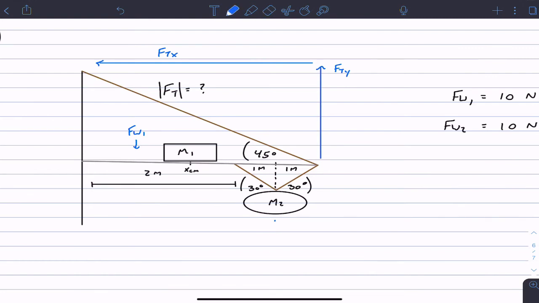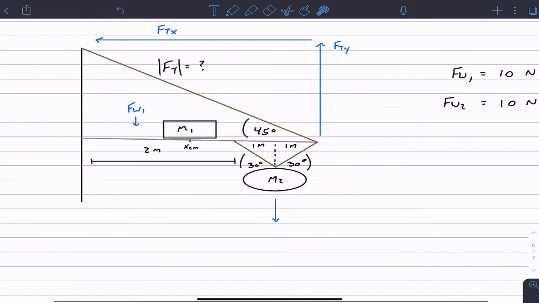FW2, we can consider it here, since these are perfectly equivalently apart. This is the center of that. This is 2, and this is 1, this is 3 meters. So I would consider that weight force at 3 meters.